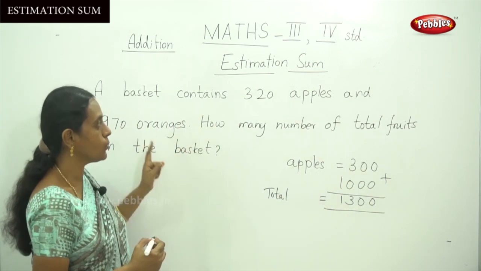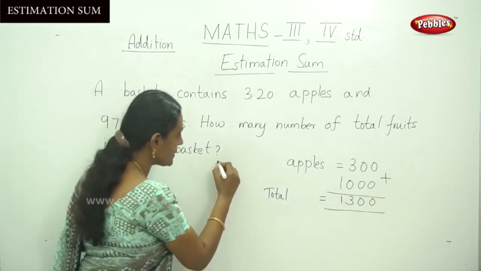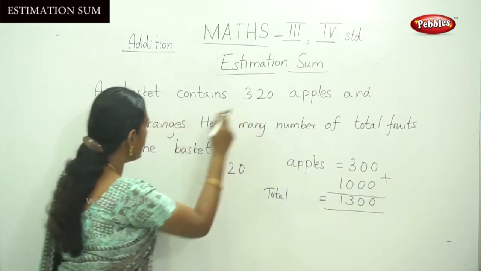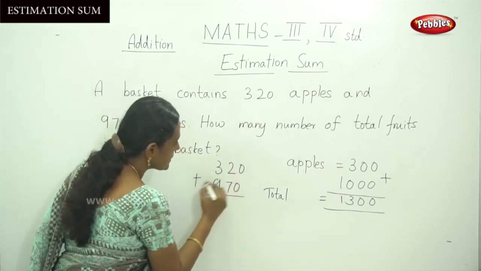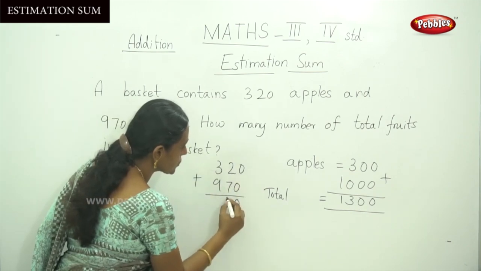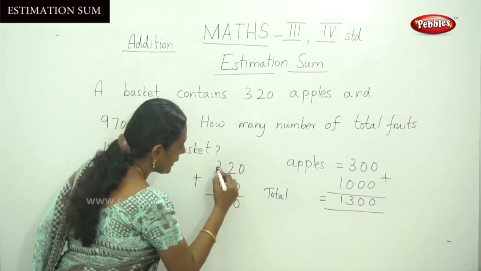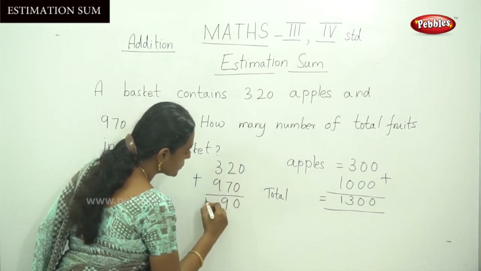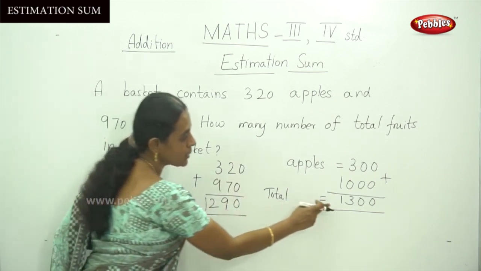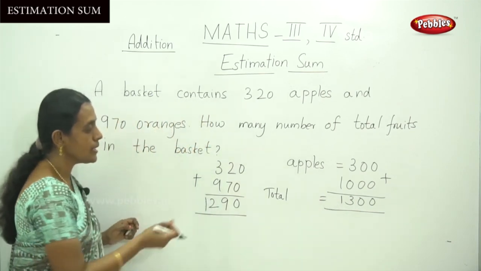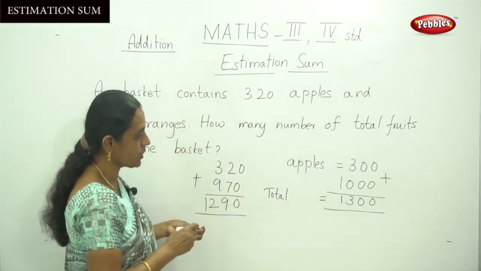But for the real value, you have to add 320 and 970. 0, 7 plus 2 is 9, and 9 plus 3 is 12. That is 1290, here 1300. There is only a little bit of change in the total value.